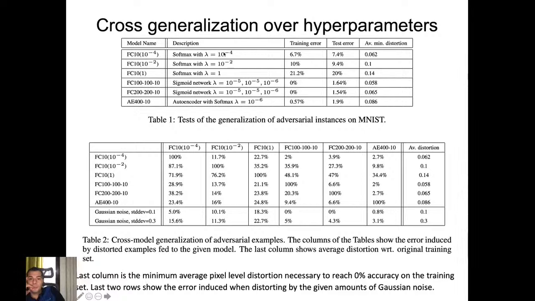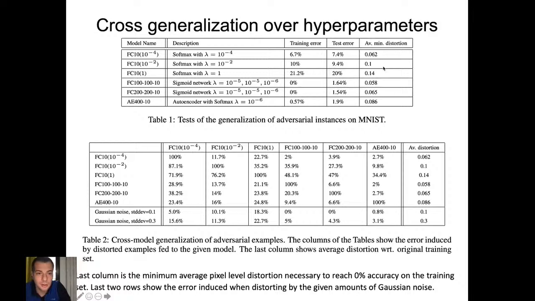These are some parameters for these models, and here you have the error on the training data and the error on the test data. These are the errors of the models on the clean data. Here you have the average distortion that is necessary.